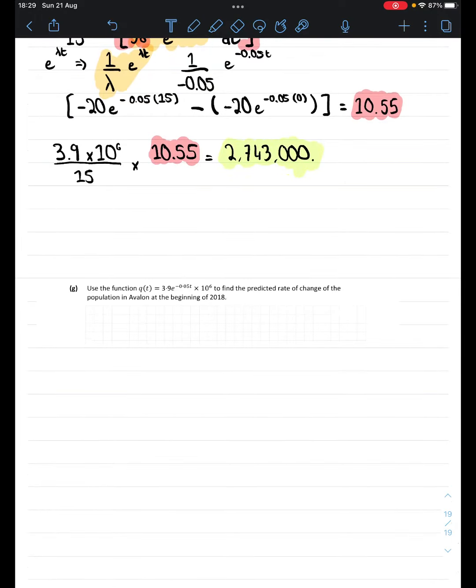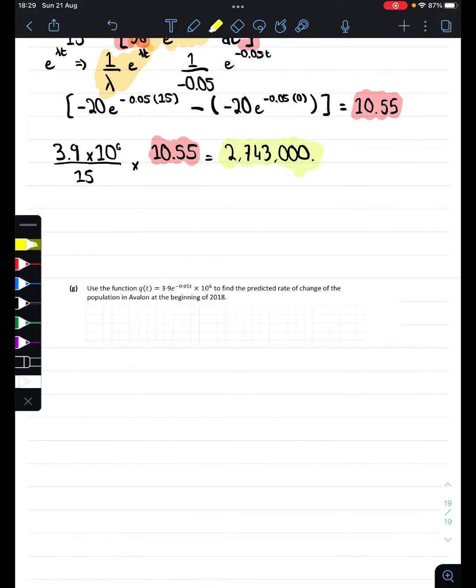Now on to the last part, part G. Use the function q of t equals 3.9 e to the minus 0.5 t by 10 to the 6, our population function for Avalon, to find the predicted rate of change of the population in Avalon at the beginning of 2018.